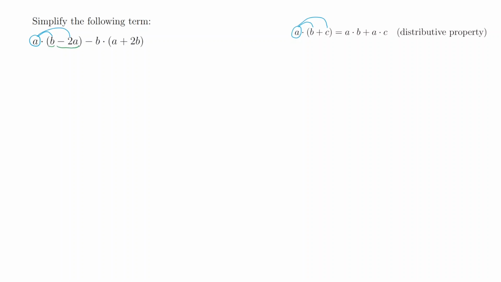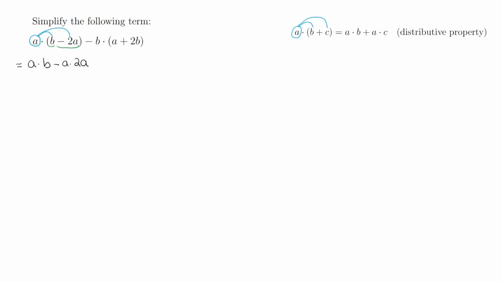Always take the sign with it. Okay, so then we can apply the distributive property and we get a times b minus, from this minus, a times 2a.